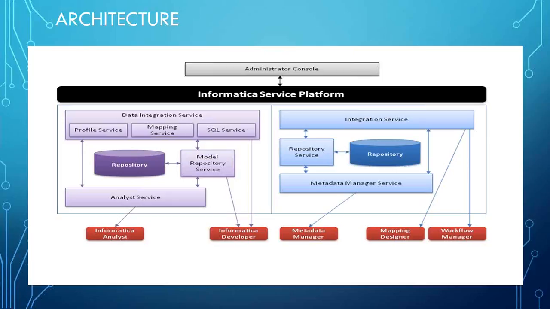We have multiple services here. You have the data integration service, and the analyst service, which helps you talk to the analyst. You have the model repository, where the Informatica developer metadata is stored. You have the SQL service if you want to run SQL services, and a profile service to run data profiling. So you have multiple services.